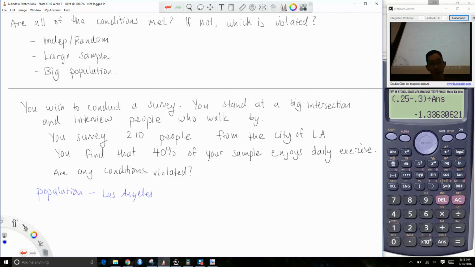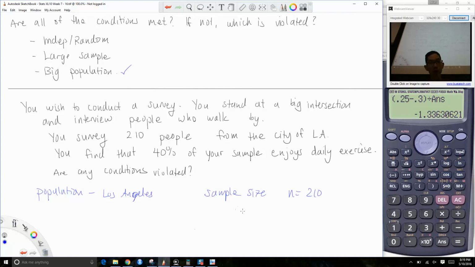Our sample size n is 210. Is our big population condition met? Yes. 210 times 10 is 2,100, and Los Angeles has more than 2,100 people. Our population is big enough, so big population is met.